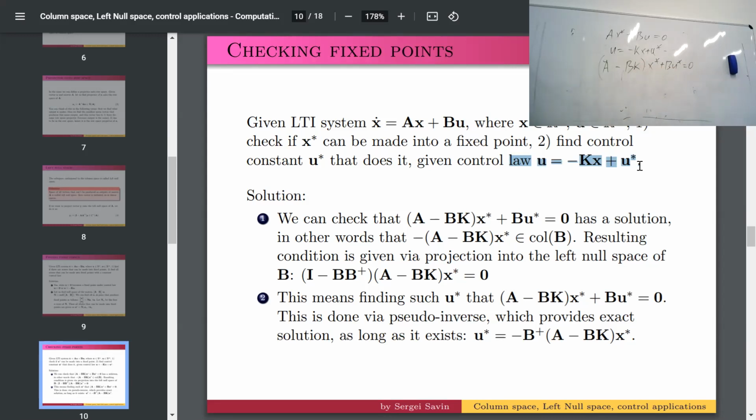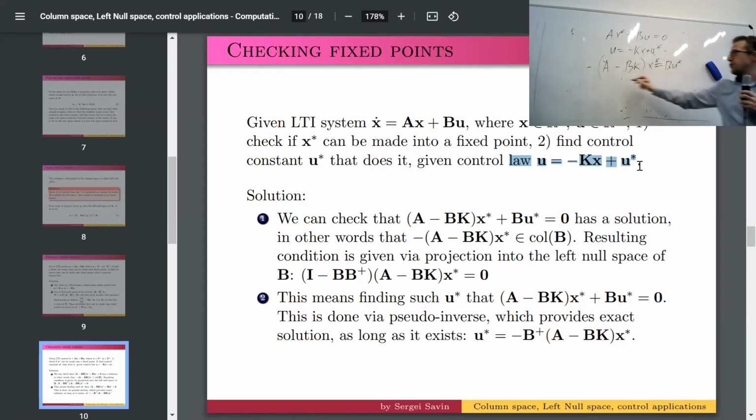This is a subspaces problem, so think about it in terms of subspaces. Well, the way to do it is to rewrite this equation as such, with a minus here and an equality sign here.